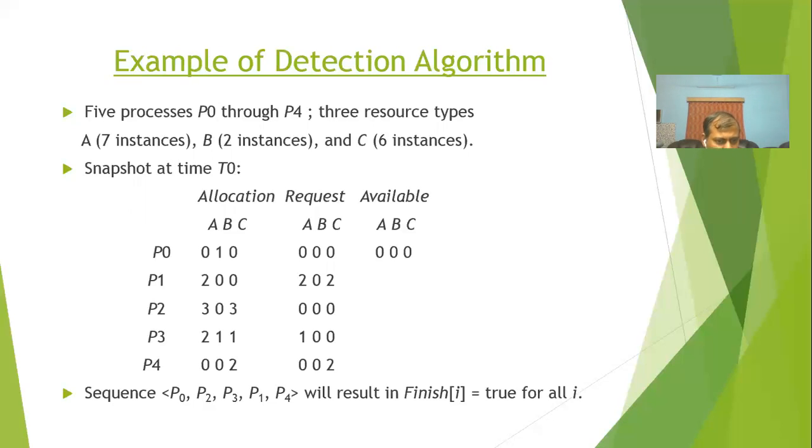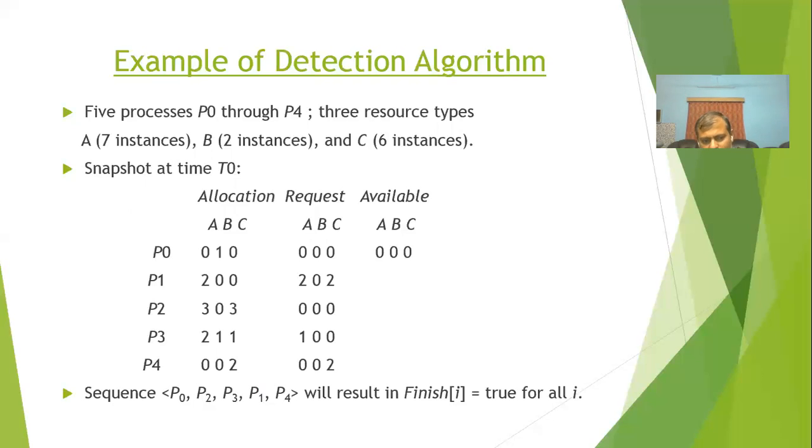Now see what the sequence is here. P0, then P2. After P0 and P2 finish, they will release all their resources into the system. With those resources at hand, we can easily finish the remaining processes P3, P1, and P4. In that way, this sequence will result in finish of I equals true for all I. That means we can satisfy the demands of all the processes.